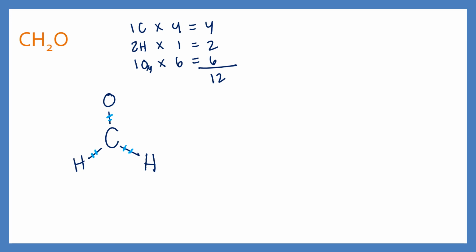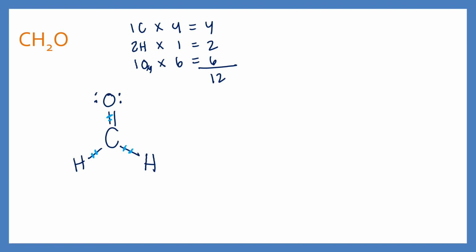So currently, carbon does not have an octet. So there are a couple options. We can either put a lone pair on carbon and then put the other lone pairs on oxygen. If we add all this up, that gets a little messy because oxygen doesn't have a full octet now. Our other option is to put a double bond between carbon and oxygen.